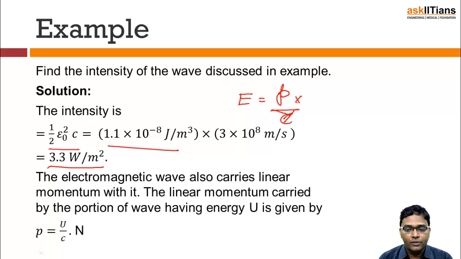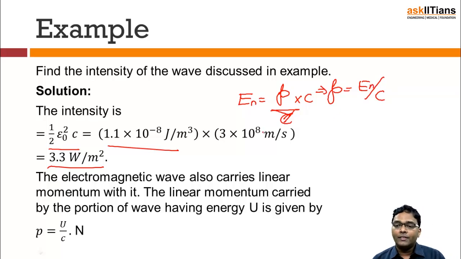The momentum is defined as the amount of energy contained divided by c. So this is energy, not electric field. Energy divided by c, or we can also write it as U divided by c, which is the more conventional notation. This is the amount of momentum that is carried by it.